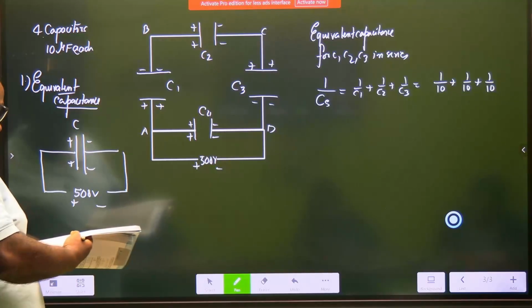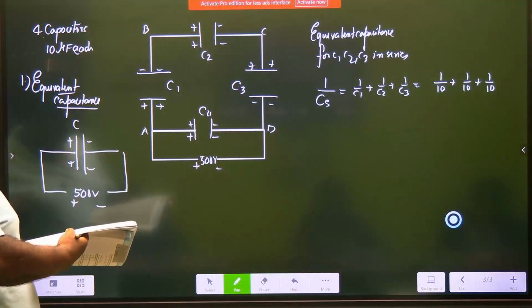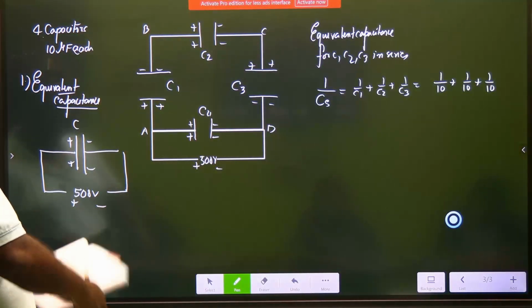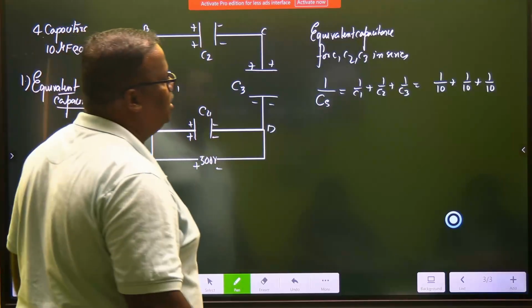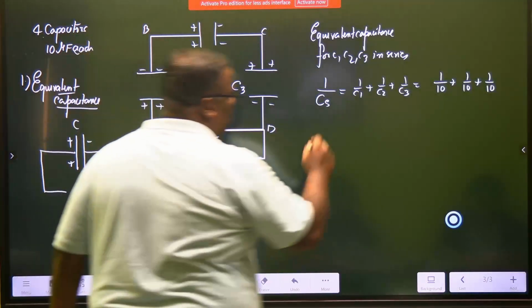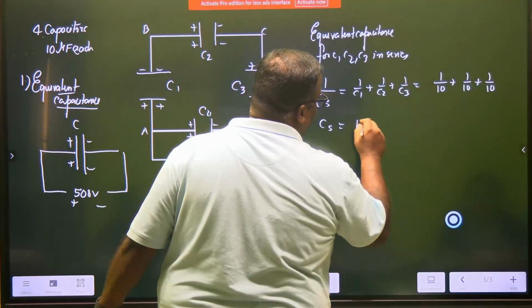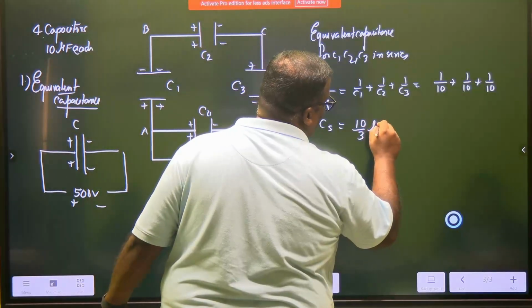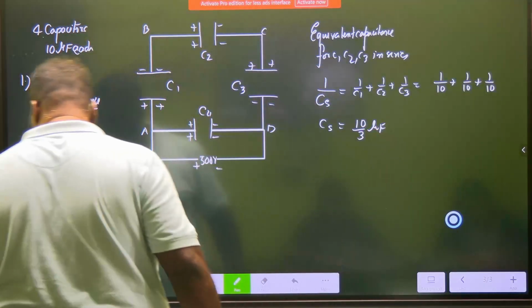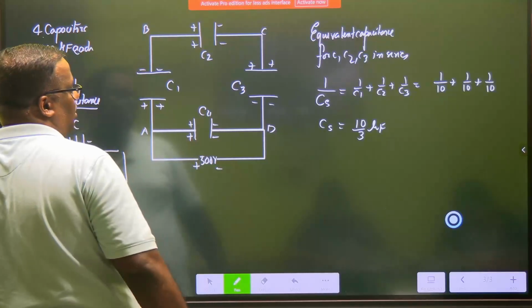So how much is it? 10 divided by 3. So CS is equal to 10 divided by 3 microfarad.